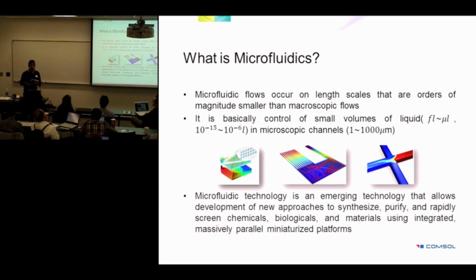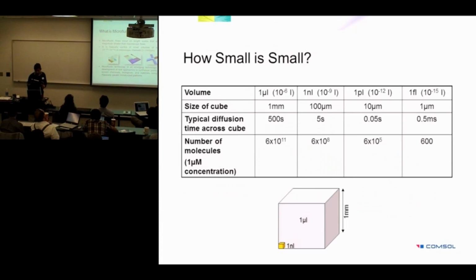And this is an emerging technology where you could use it to synthesize things, to purify, to mix, to do medical diagnostics. Lab-on-a-chip devices are one of the good examples where you could use microfluidics technology to build those kinds of systems.